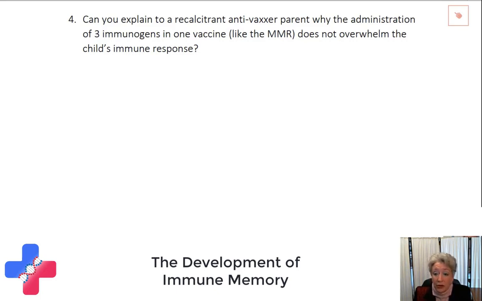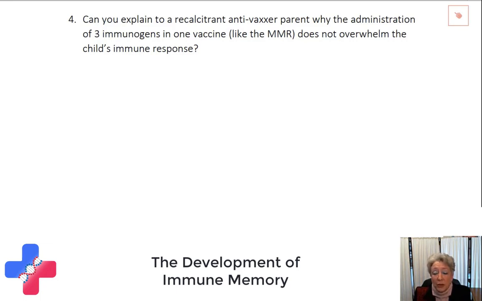The cells that respond to measles in the MMR are different in population from the cells that respond to mumps in the MMR, and different again from the cells that respond to rubella. 3 different viruses turn on 3 entirely different populations of cells.